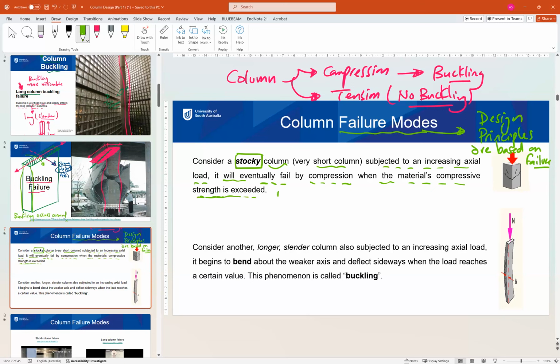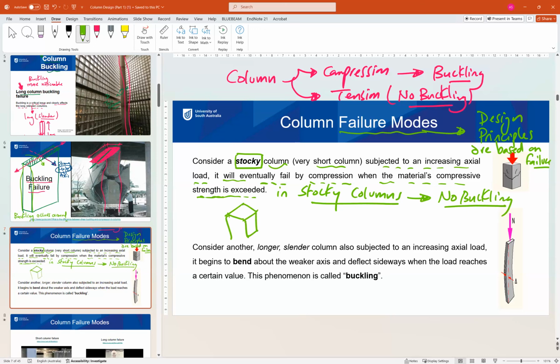So this means in stocky columns we will not have buckling. Buckling is too hard to happen in stocky columns. Because the column is too short, it will be too hard to buckle. So it will fail due to what we call yielding. Yielding means the stress in the member is more than sigma yield of the material.